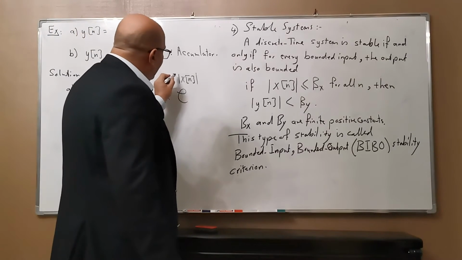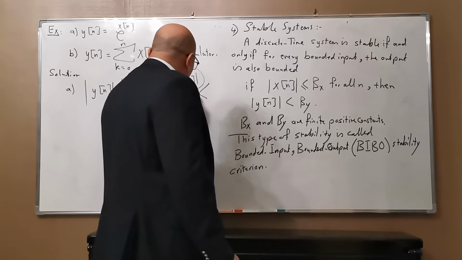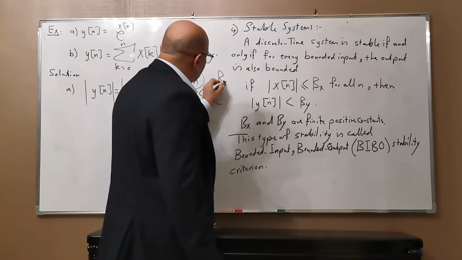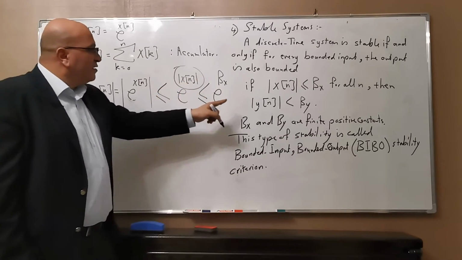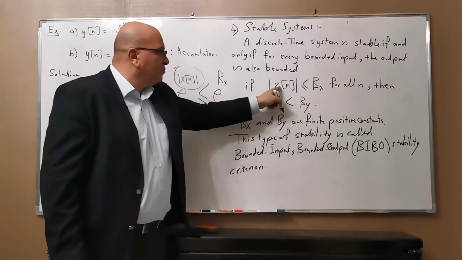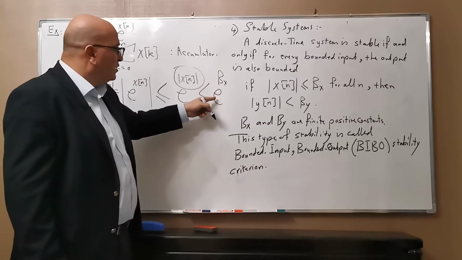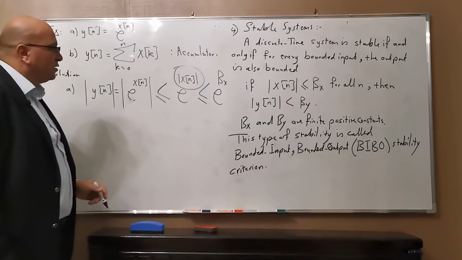Now, I'm going to also take the upper limit of this. So I'm going to say this is also less than or equal to e to the beta x. Why? If you take the upper value of this one, e to the beta x is always greater than e to the absolute value of x of n.